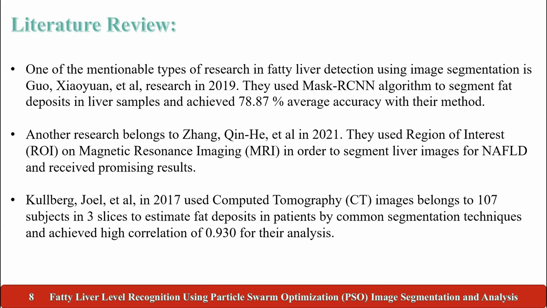Another research belonged to Zhang and partners in 2021. They used a region of interest, ROI, on magnetic resonance imaging or MRI in order to segment liver images for NAFLD and received promising results.